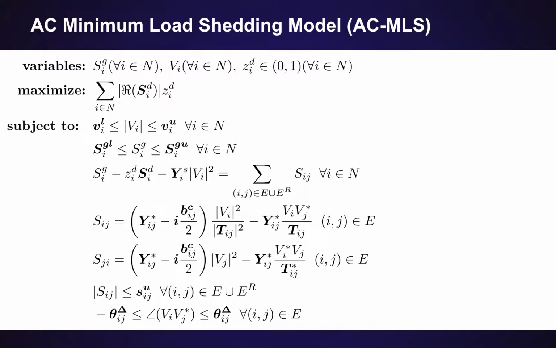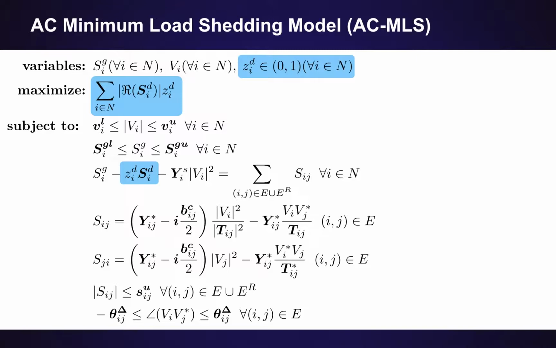We're going to modify it into this particular formulation where a lot of things are the same, but a few are different. We've introduced a new variable, ZD, which can be in the range of 0 to 1. And then we multiply the power at each bus by this ZD variable. This implements what one would call a constant power factor load shedding. Both the active and reactive power scale down together in the same proportion, from their nominal value down to 0.